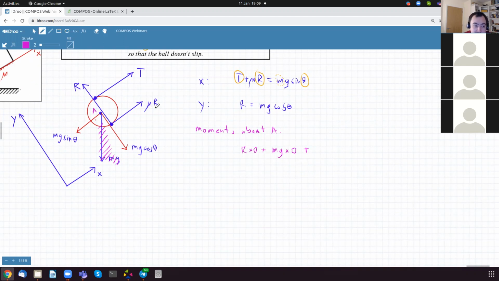Plus, now clockwise is T times the radius, minus mu R times the radius. And the sum of moments has to be equal to 0. So the clockwise moment minus the anti-clockwise moment has to equal 0. So we have T r is equal to mu R r, sorry.